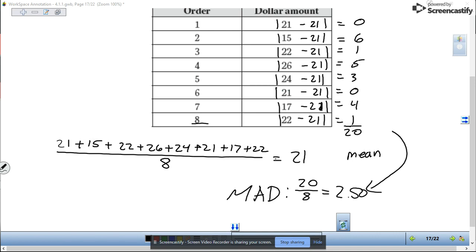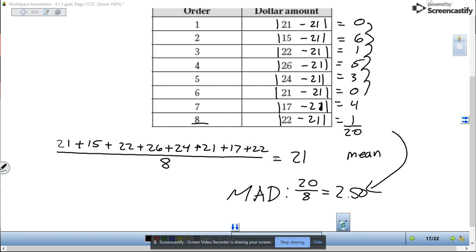Now, what does that mean? Okay, absolute deviation is a dollar amount, right? In this case, we're talking about money. And so what it means is that the average distance, in other words, each one of these distances that we were talking about earlier, they're not the same, right?